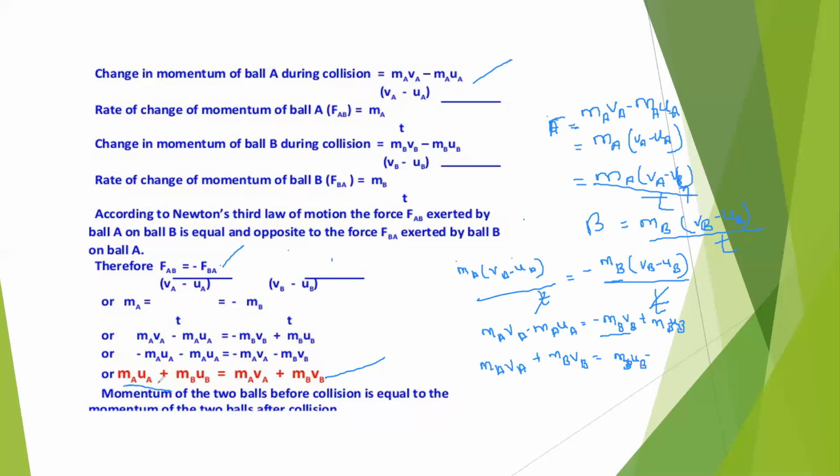This MAUA is the initial momentum of A. Next, MBUB is the initial momentum of B. So plus is there, which means the sum of momentum before collision is equal to MAVA, the final momentum of A, plus MBVB, the final momentum of B body. That is the sum of final momentum. This is the statement we saw here.